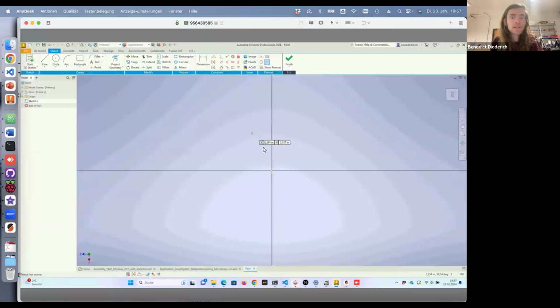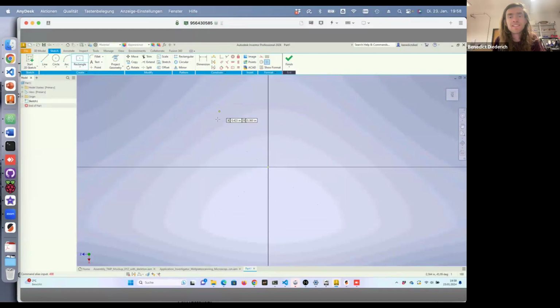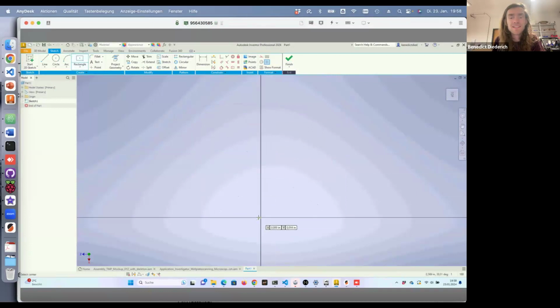So what we do is essentially draw a two-dimensional drawing. I'm really bad at remembering stuff. Oh, this is even in inches. Interesting. Okay, so it's 49.8 millimeters times 49.8 millimeters.